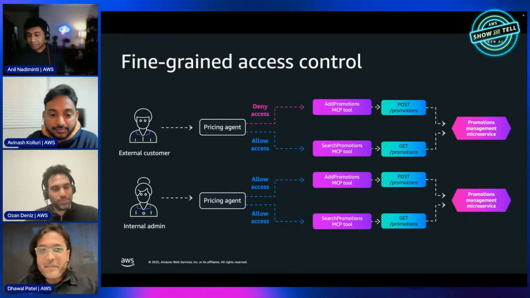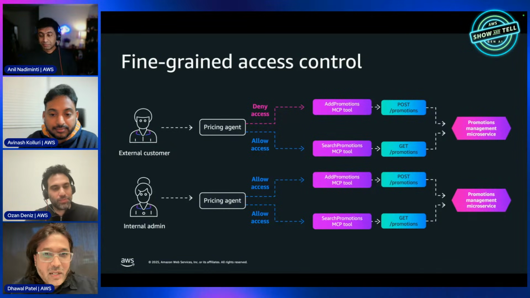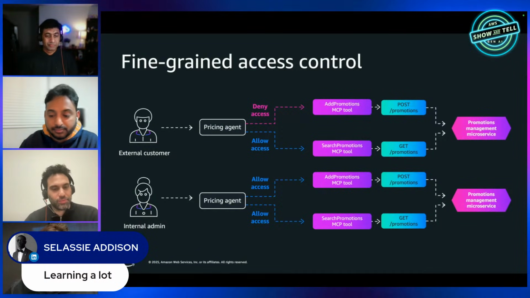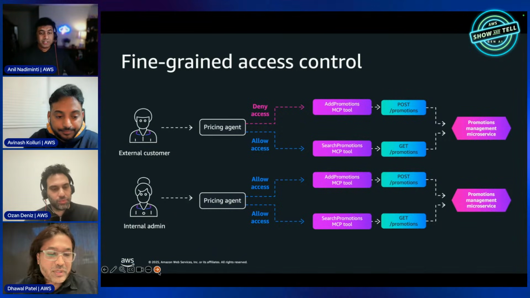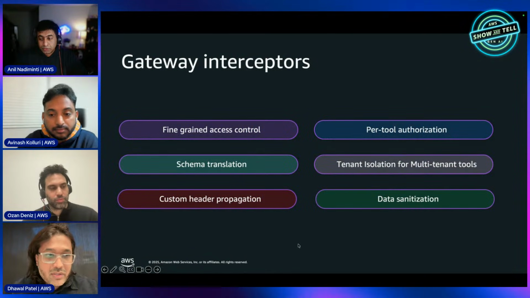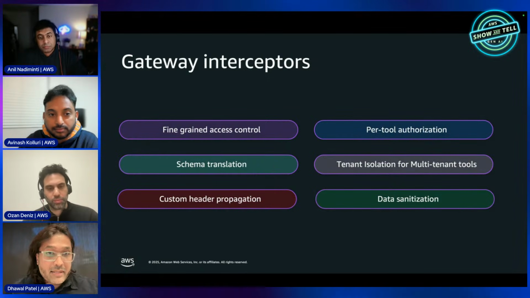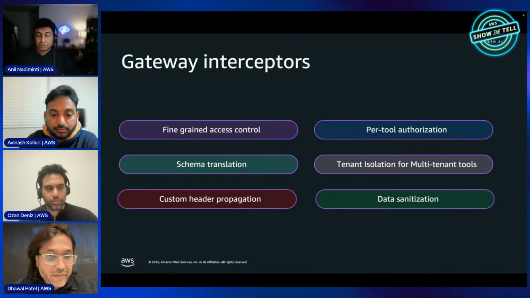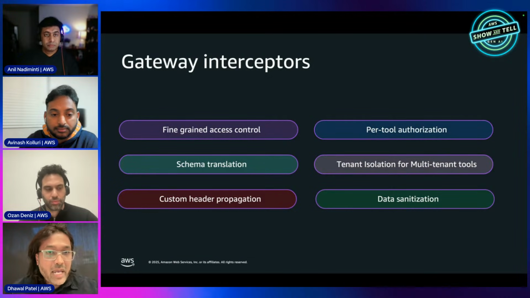Well, that's exactly the reason why we launched Gateway Interceptors as part of the AgentCore Gateway. Those customers who are centralizing and unifying all of their MCP servers and MCP tools as an enterprise MCP gateway build more guardrails and governance within it to make these workloads secure.